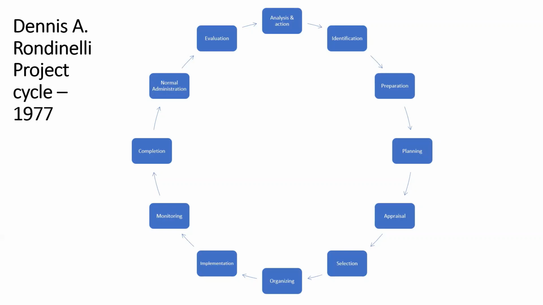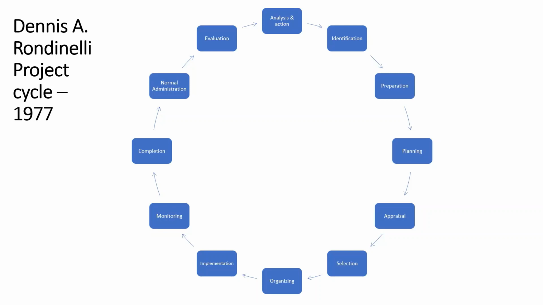And second, preparation, the process of analyzing and developing the idea into a final project for implementation. And third is planning. It is creating a set of plans to help guide our project team, including an outline of activities, tasks, and time frames.